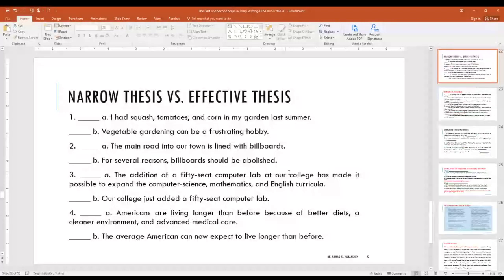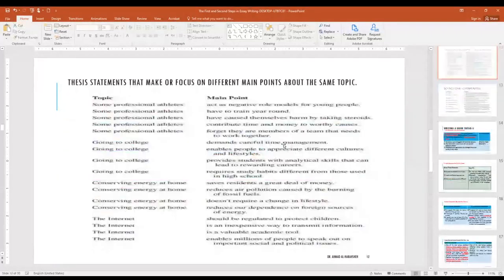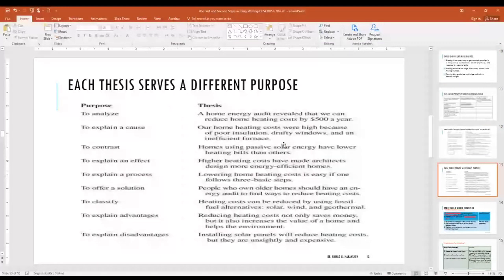Last time, if you remember, we started talking about the thesis statement, the qualities of a successful thesis statement. We talked about the types of the thesis statement, and we said that each thesis statement serves a different purpose. It could be analysis, explanation, contrast, cause and effect, a process, offering a solution, classification, advantages, disadvantages.